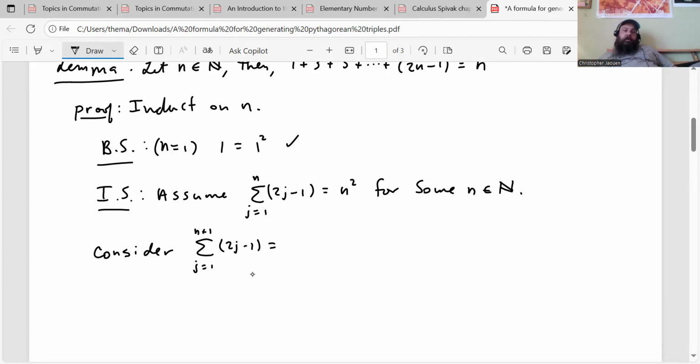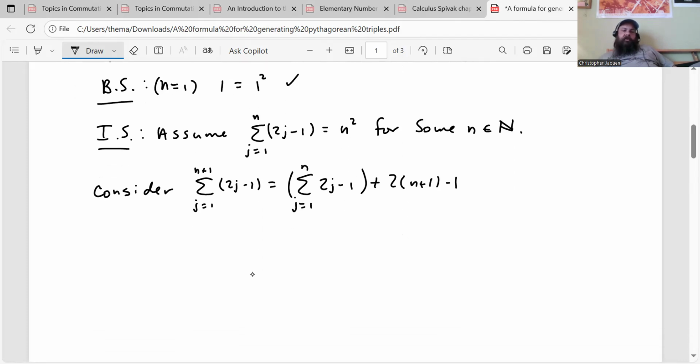All right, so this is equal to the sum of 2j minus 1, j equal 1 to n, plus 2 times n plus 1 minus 1. And I can simplify that expression. The sum of 2j minus 1, j going from 1 to n by the inductive hypothesis is just n squared, right?